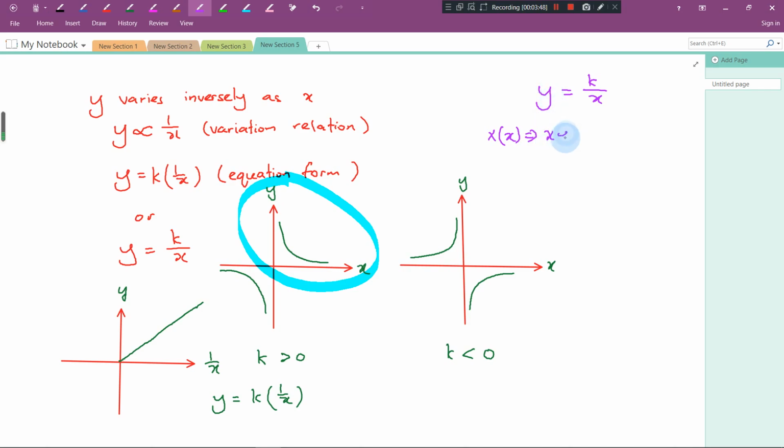Here I will get xy. Here I will get k, right? So now you know that if y varies inversely as x, the value of x times y will be a constant.